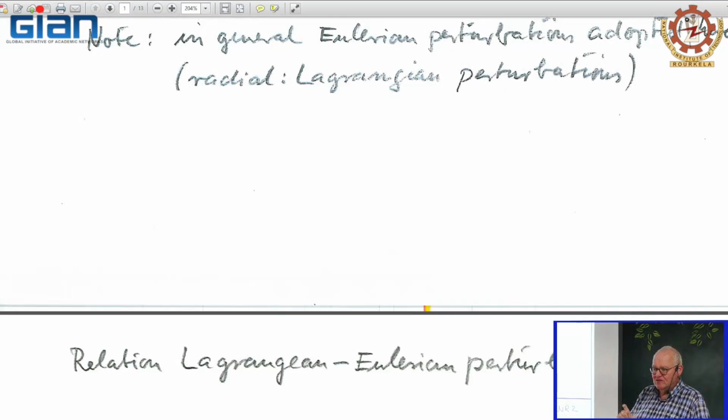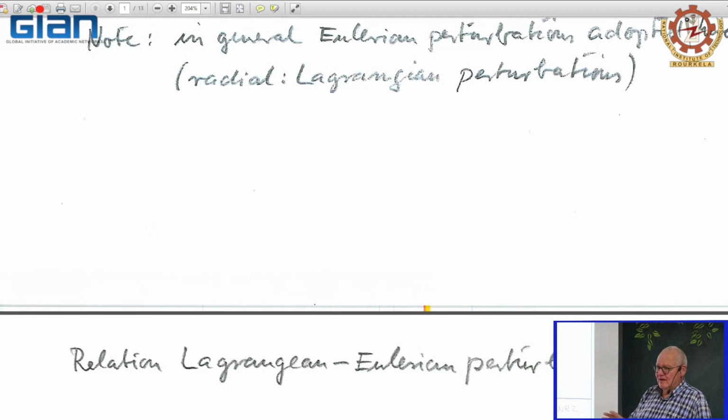Because we perturb the position vector, we have a difference between the actual position vector of the system in the unperturbed case and the position vector in the perturbed case. And of course, we relate the perturbed quantities also to the initial position vector of the mass element.